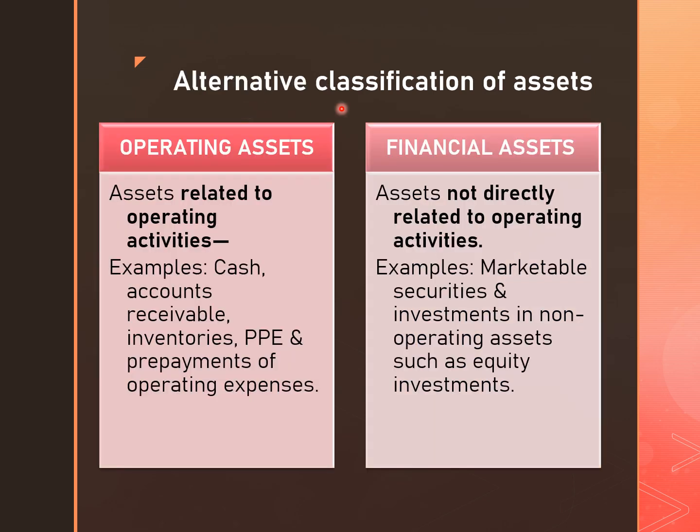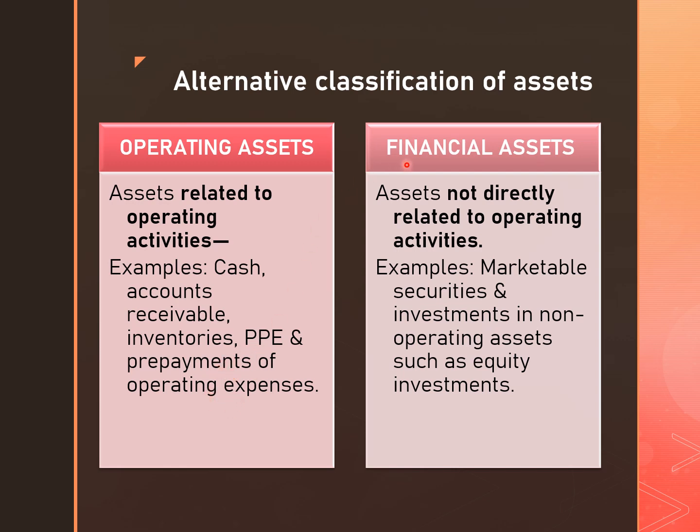These are the alternative classification of assets. So you can also classify your asset as operating assets or financial assets. So operating assets adalah aset yang related to operating activities such as you punya cash, account receivables, inventory, PPE and prepayment of operating expenses.